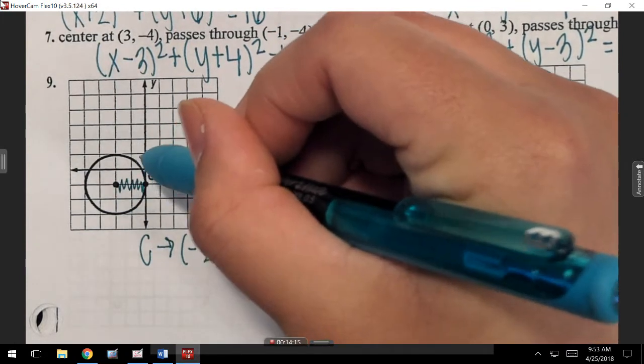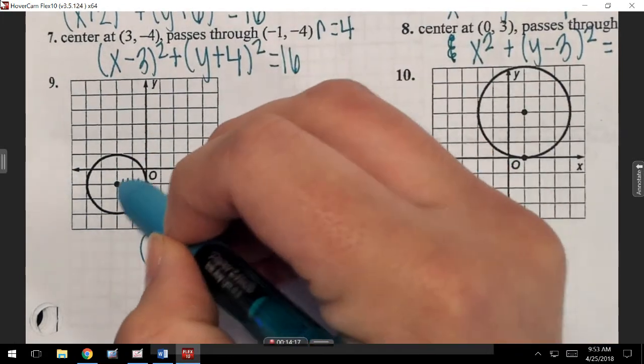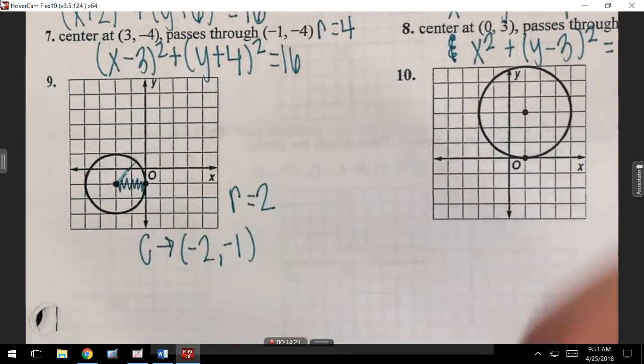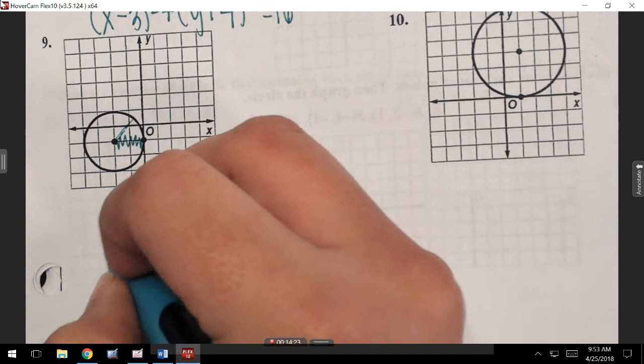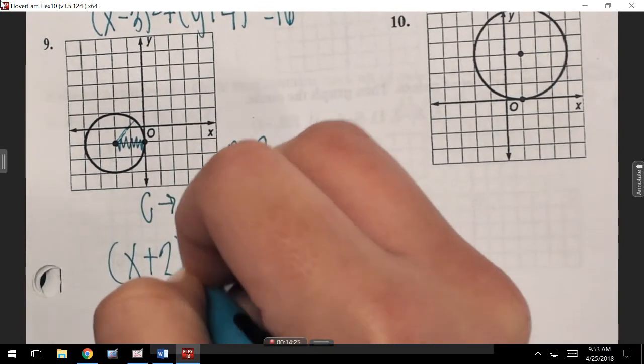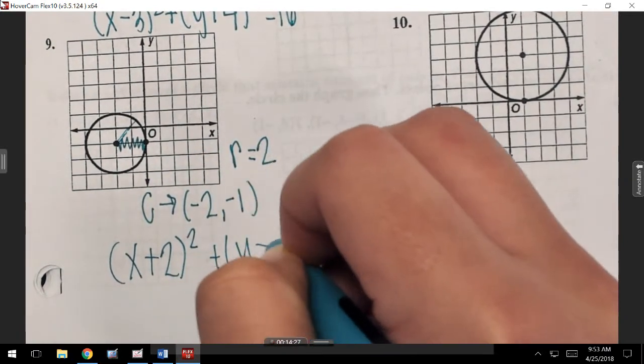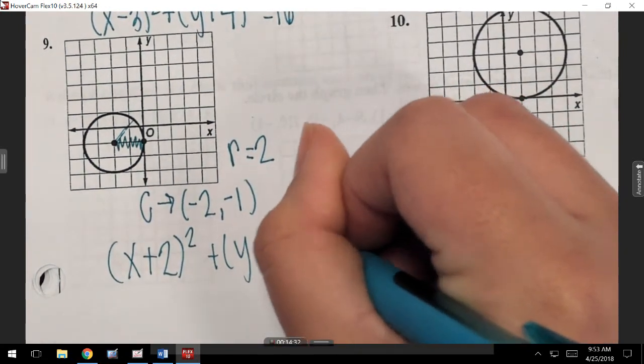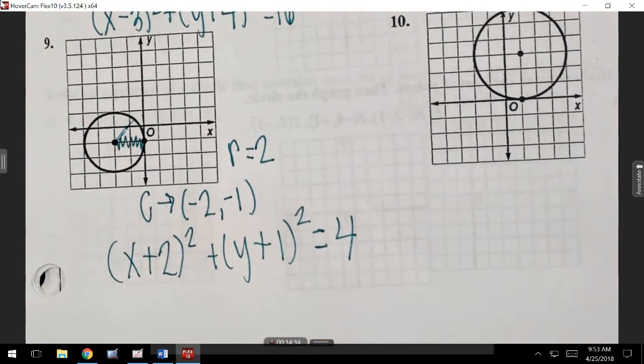Don't try to count sideways. Either go straight to the side, other side, up, or down. So your equation would be, right? Okay, you try 10.